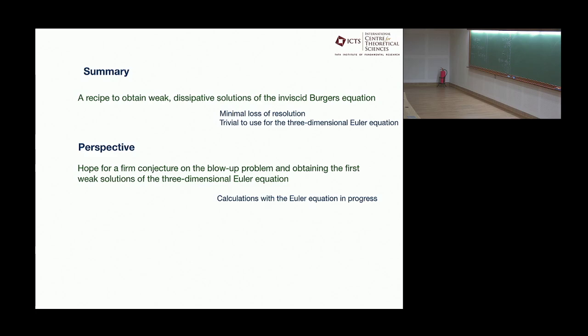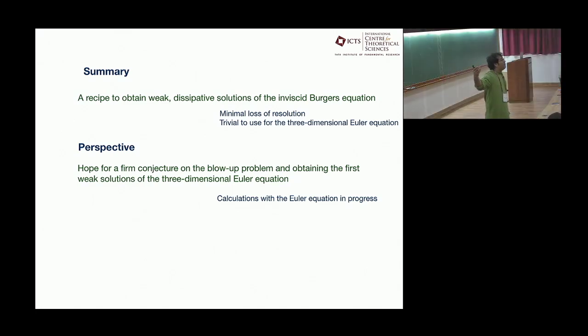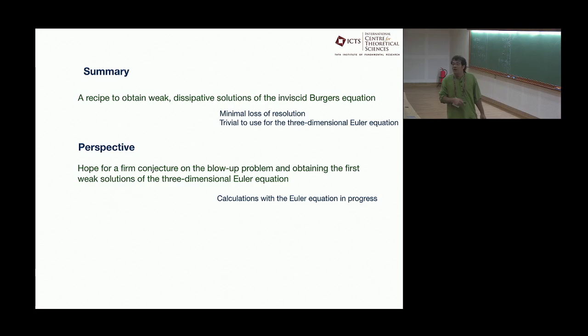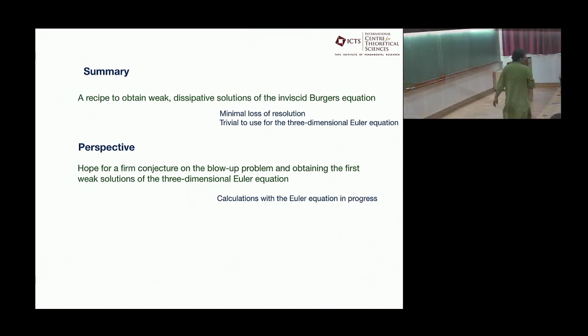If you're doing a numerical simulation with the largest wave number 20,000, you just lose about 200 wave numbers. So that's peanuts. And secondly, this method is sort of trivial to use for the Euler equations. Right now, Sugan and I are working on the Euler equations to see if the dissipative solutions are of the sort that Konstantin and others have predicted.